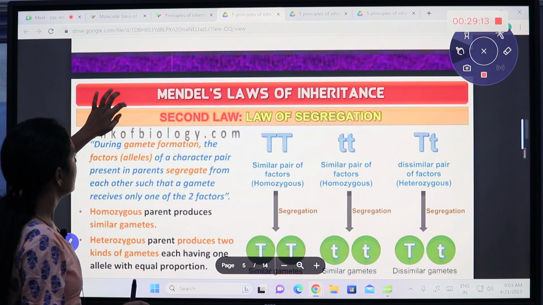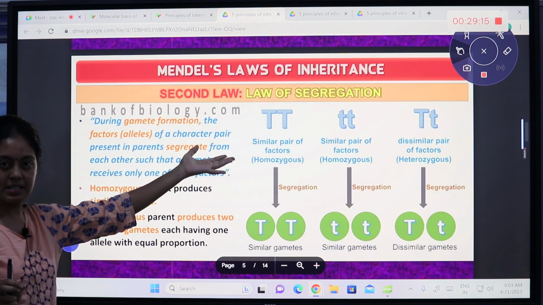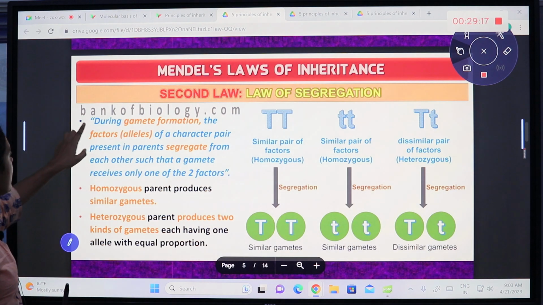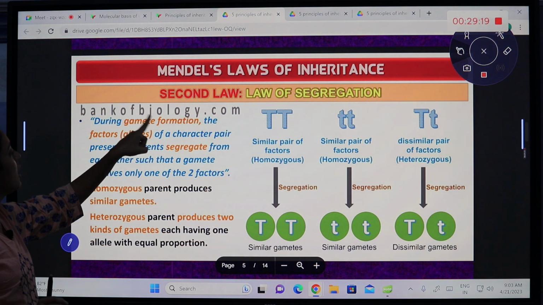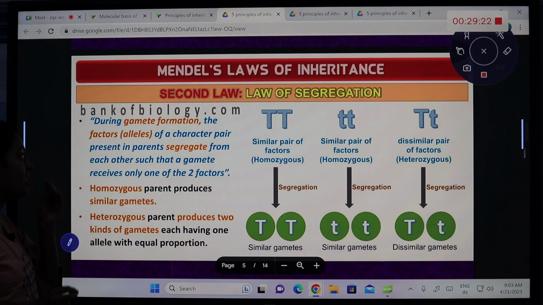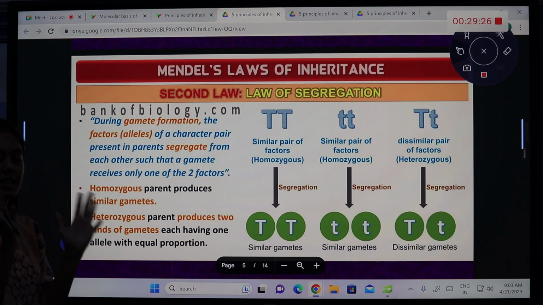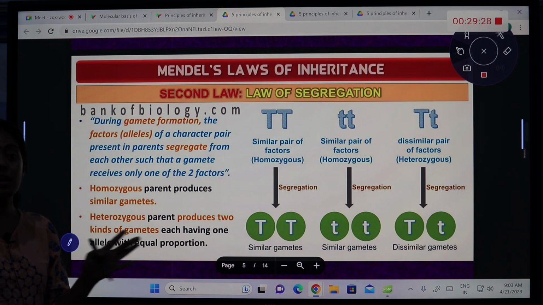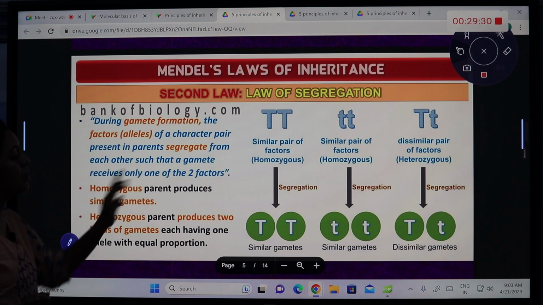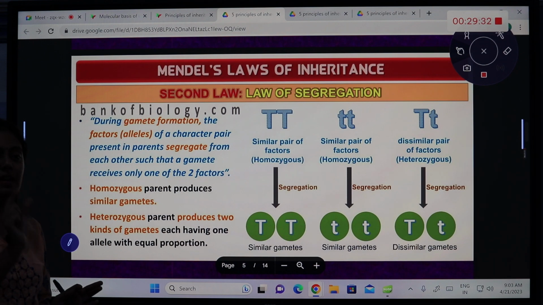Then you have the second law, which we just now discussed, the law of segregation. So what does the law of segregation tell? During gamete formation, the factors of a character will separate, will segregate. Segregate means separate. They will segregate during meiosis such that each gamete will receive one of the factors.